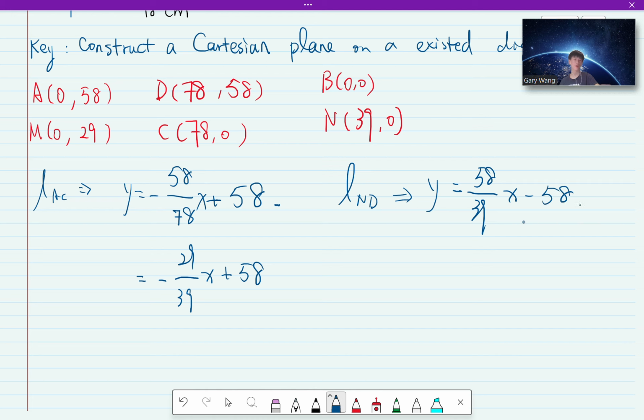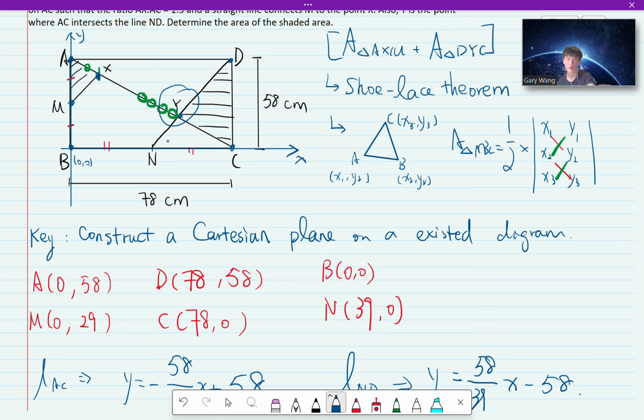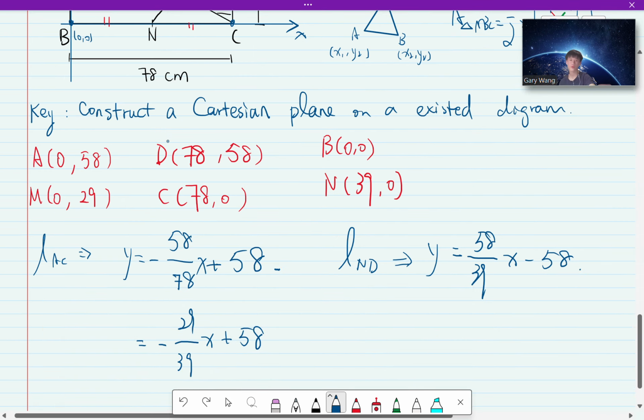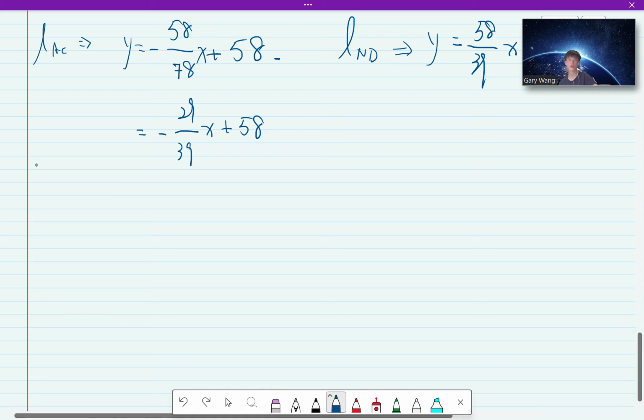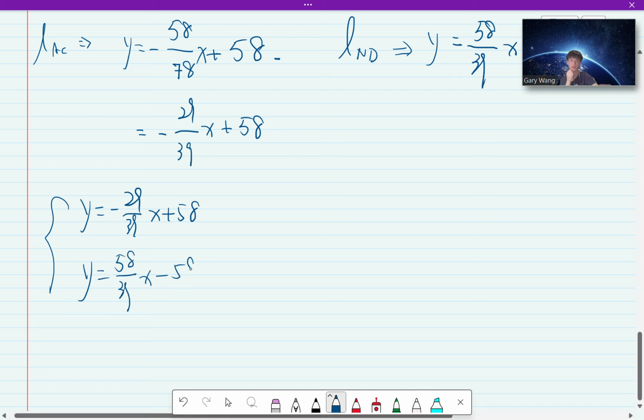So now we have these two equations for the lines. And if we go back to the diagram, we can see that point Y lies right at the intersection of these two lines. So if we form a system of equations, we can say y equals negative 29 over 39 x plus 58, and y equals 58 over 39 x minus 58.